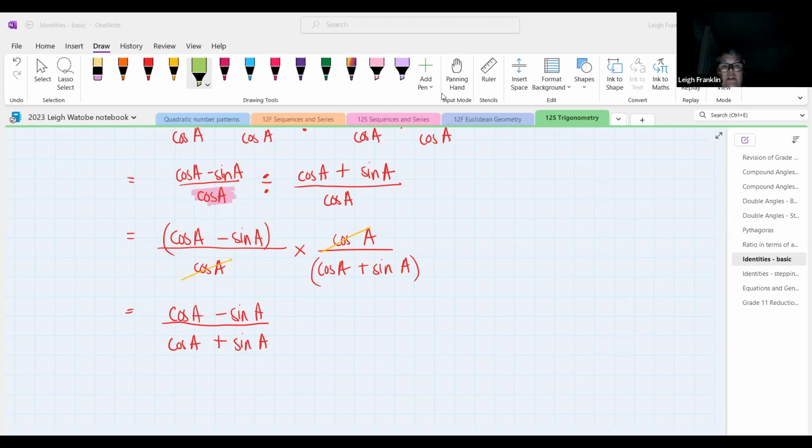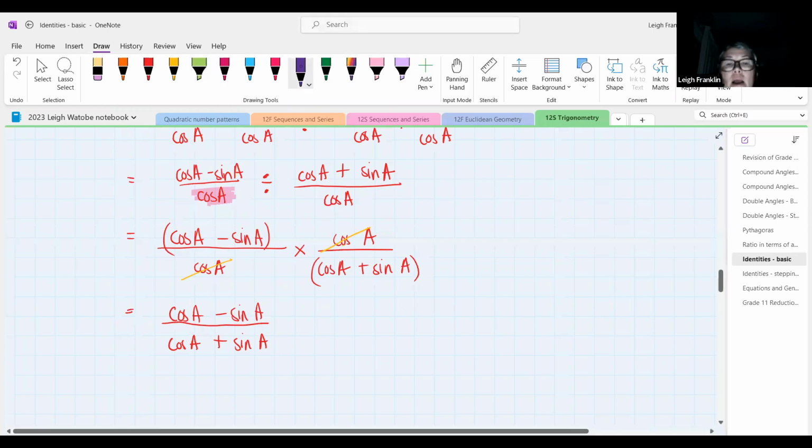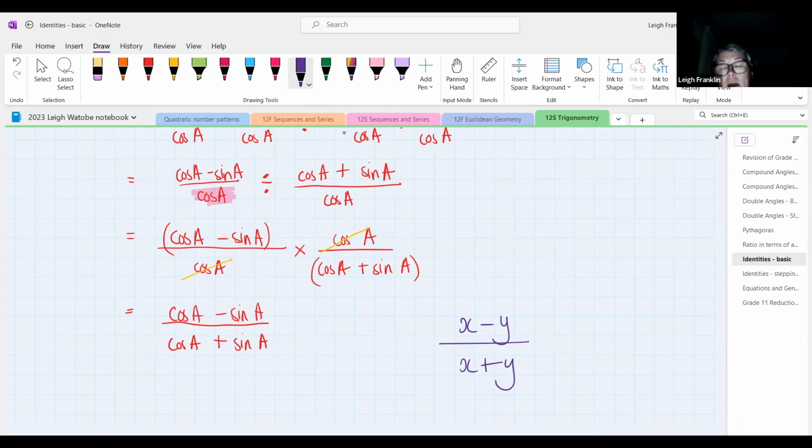Okay, so a conjugate is when you multiply, let's say you've got x minus y, and here at the bottom you've got x plus y, right? When you multiply by a conjugate, you can't change the value of your fraction. So what that means is that you've got to multiply your fraction by 1.